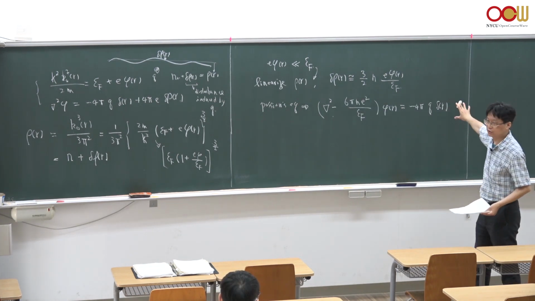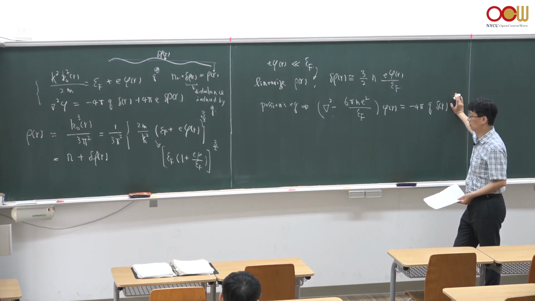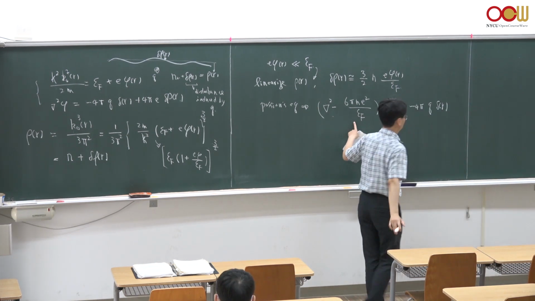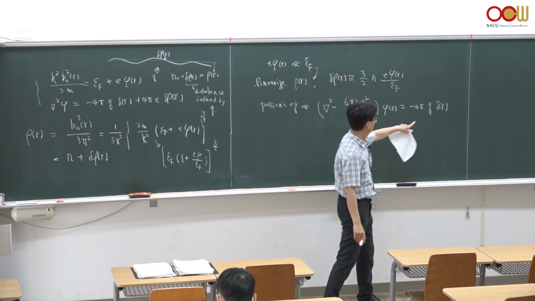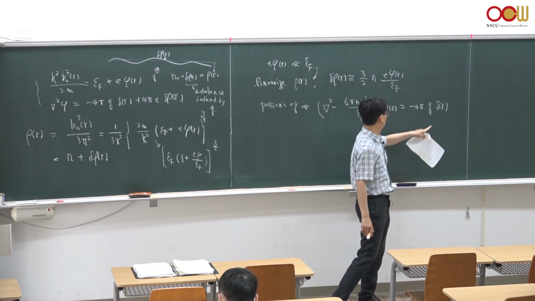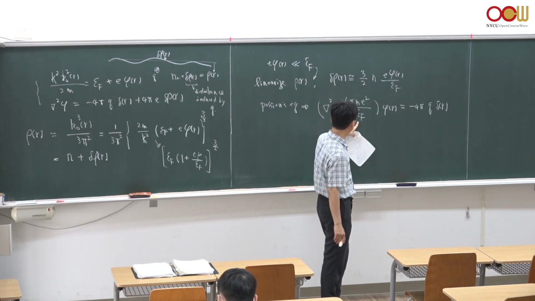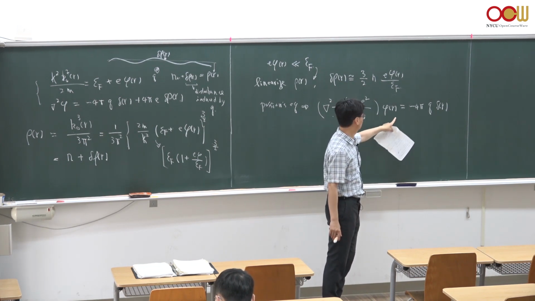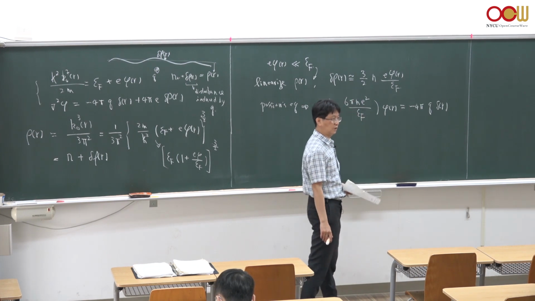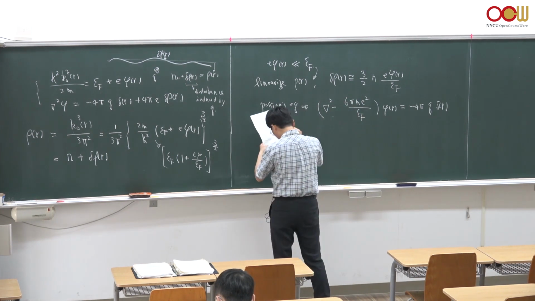Now you could solve this simplified or modified Poisson equation because you know everything, right? This Q is known, this n is known, constant. Epsilon f is known, and so you could very easily solve for psi of r. How do you solve this?